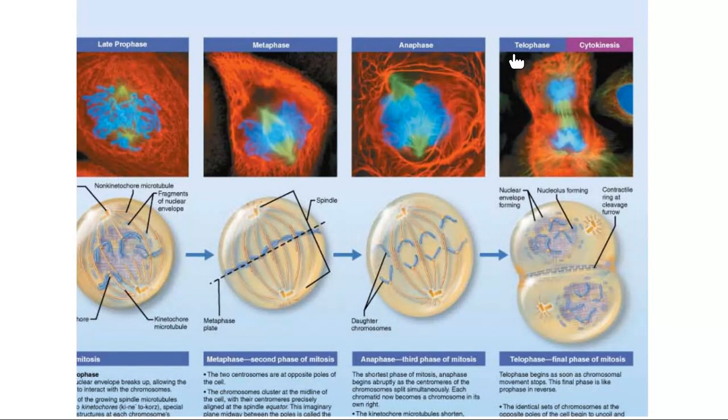But this last part of mitosis, telophase, happens at the same time as cytokinesis. So because of that, the way you're going to identify a cell in telophase might actually have a lot to do with some of the cytokinesis stuff.